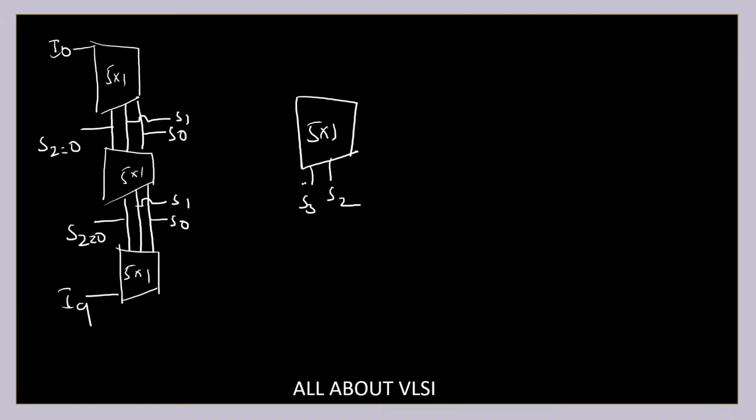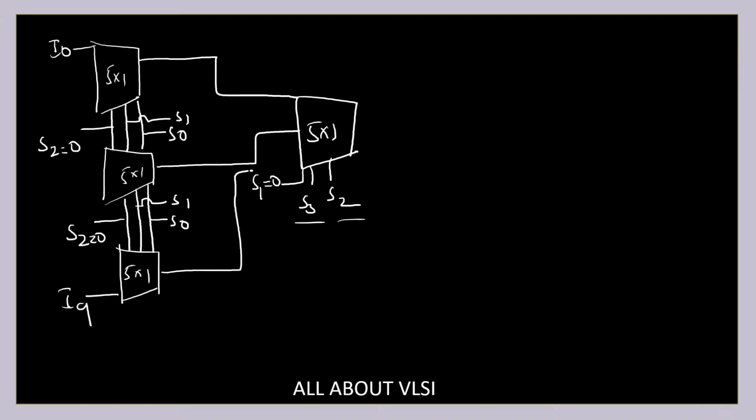So I'm going to consider S3 and S2, and S1 will be equal to 0. And I'm going to take the output from here, this output and this output. And the remaining two outputs will also be equal to 0. For a 5 cross 1 mux, we are going to make our remaining two outputs also equal to 0. Now what is that I'm going to get?